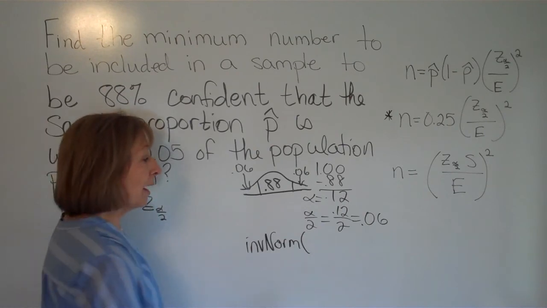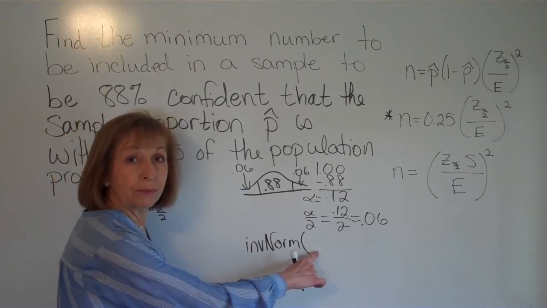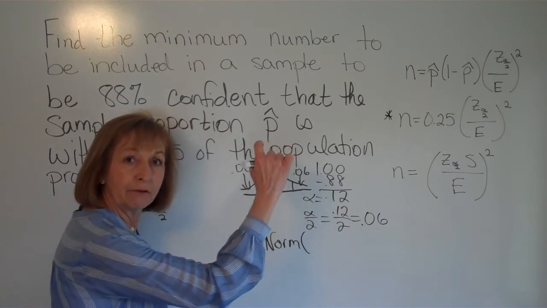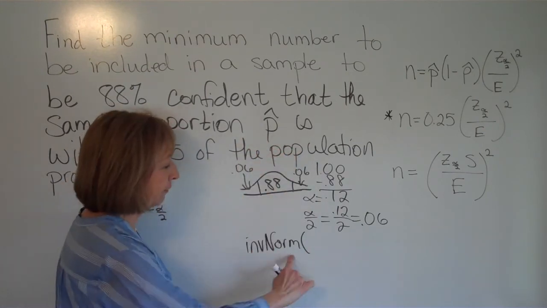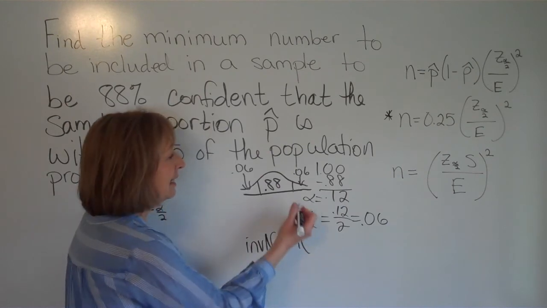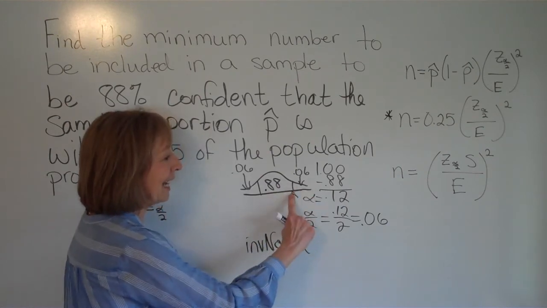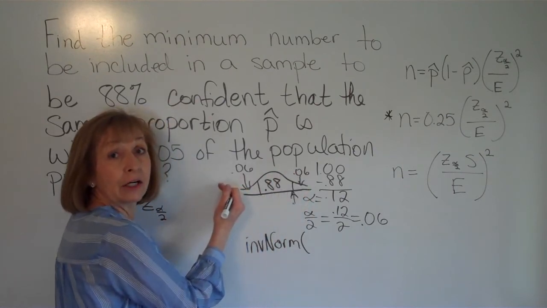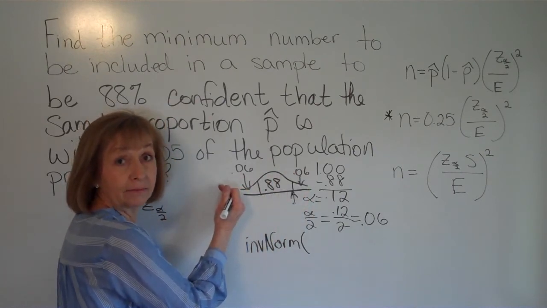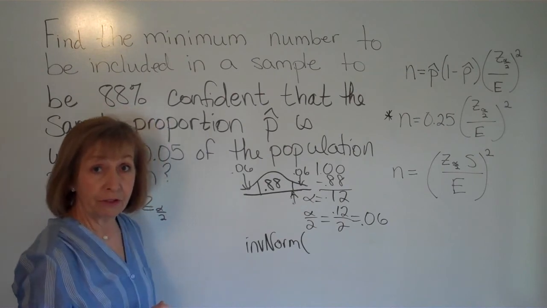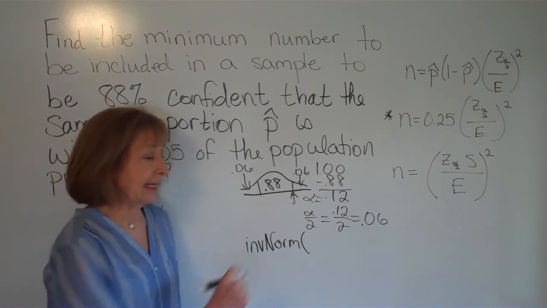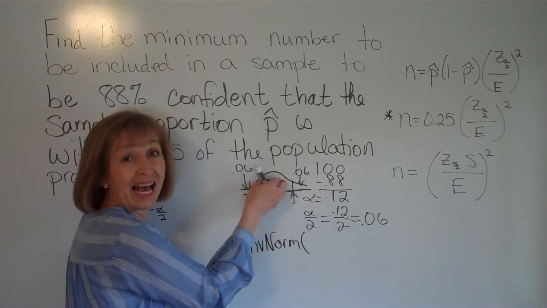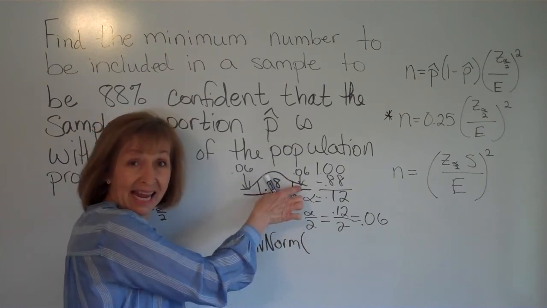And then the way that they engineered this when they programmed the calculator, the input, when it says area, if you have the menu driven or if it's inverse norm with an open parenthesis, the area they're talking about to get that z sub alpha over 2 is the entire area left of that cutoff. Now I can get that in one of two ways. One way is to think the entire area is 1, and this is the entire area except for that tail.